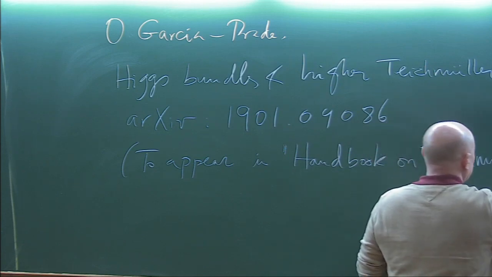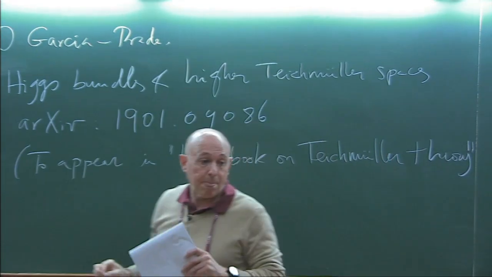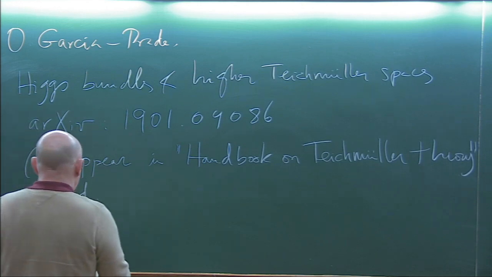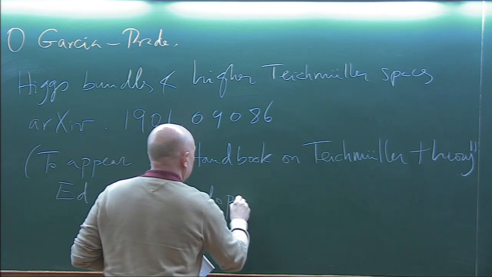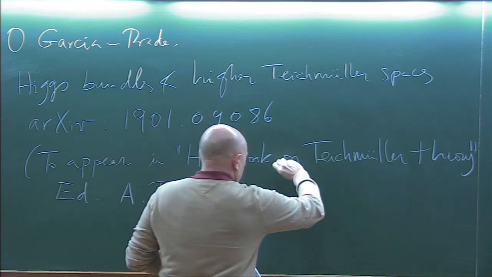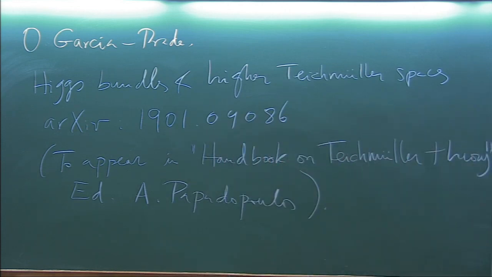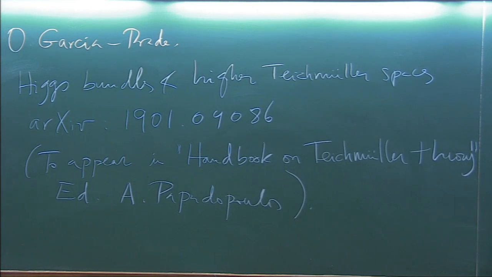I think it's Teichmuller theory or Teichmuller spaces, I don't remember now, but this handbook has many volumes, edited by Athanase Papadopoulos. I don't claim that this is a survey paper with proofs, but I gave plenty of details, and the bibliography is quite large. So you can look there for papers to substantiate the things that I'm explaining today.